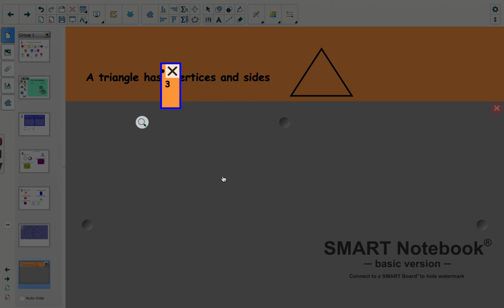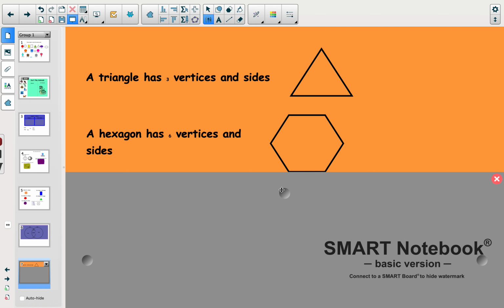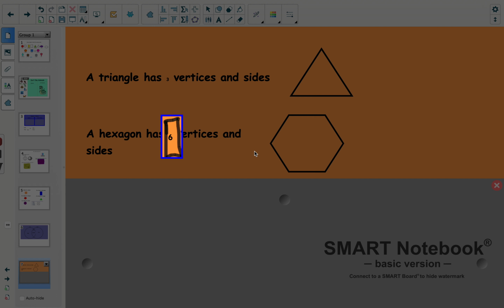And then they would be able to really emphasize that a triangle only has 3 sides. And the same down here, if we reveal the next one, a hexagon has 6 sides and vertices, and then we could emphasize that it had 6 by creating that rectangle around it, so it will zoom in.